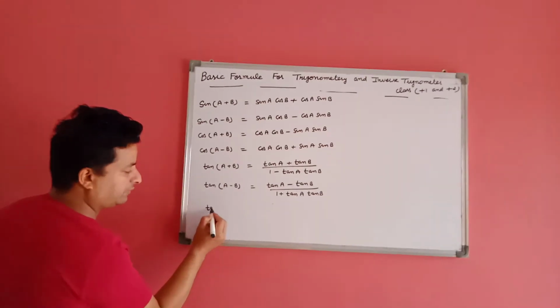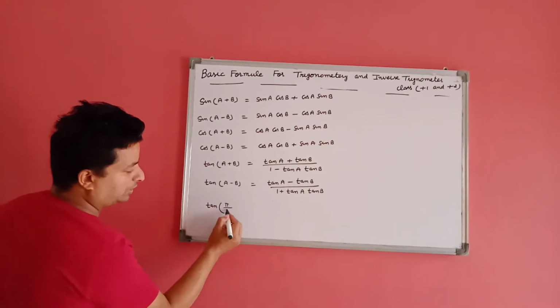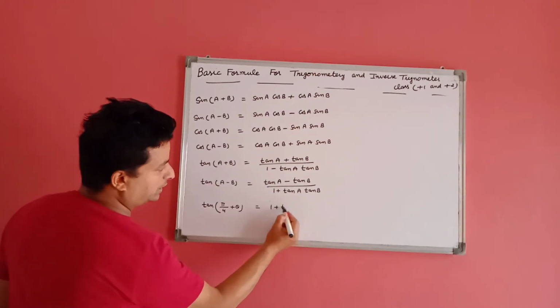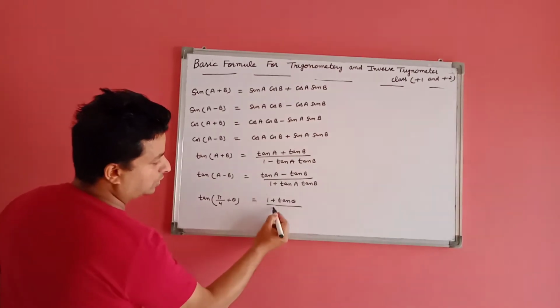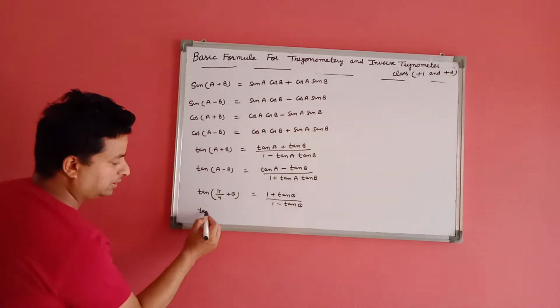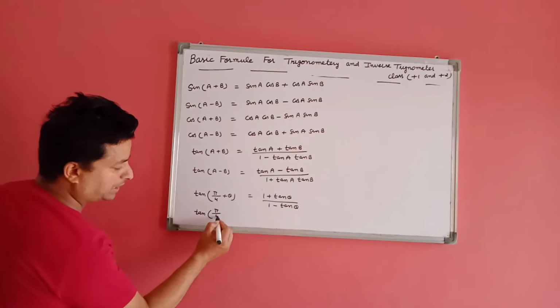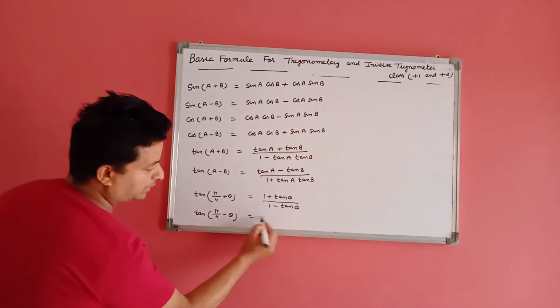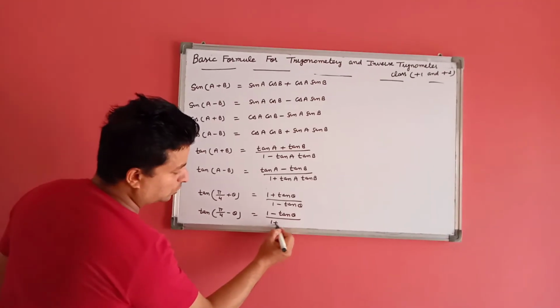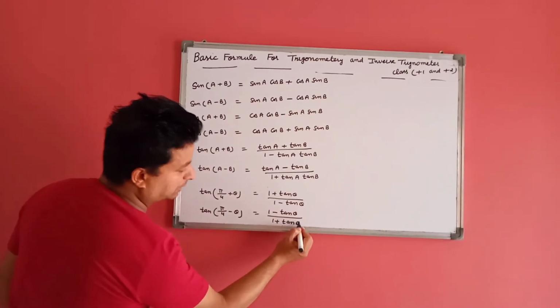In next we have the formula tan(45 plus theta), which equals (1 plus tan theta) over (1 minus tan theta). In next one there is a formula for tan(pi/4 minus theta), which equals (1 minus tan theta) over (1 plus tan theta).